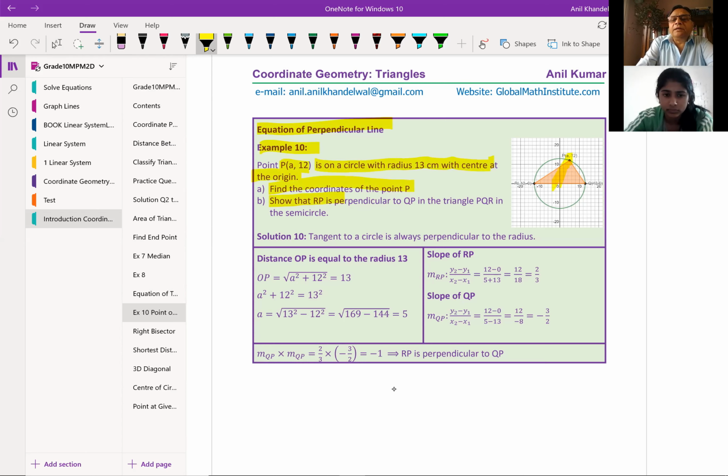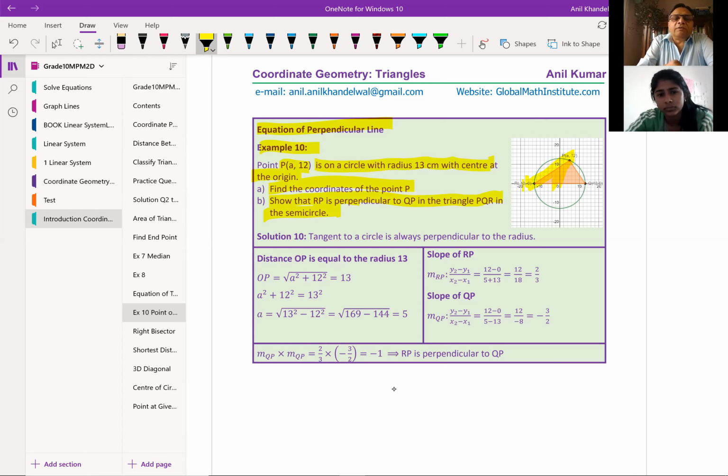Show that RP, this line is RP, this is the point R, is perpendicular to QP in the triangle PQR in a semicircle. So a lot of things are given to us in this figure, which is the point R and Q form the diameter of the circle. All right.